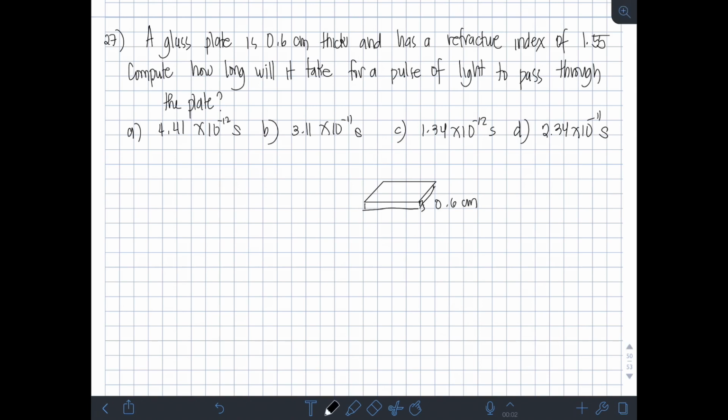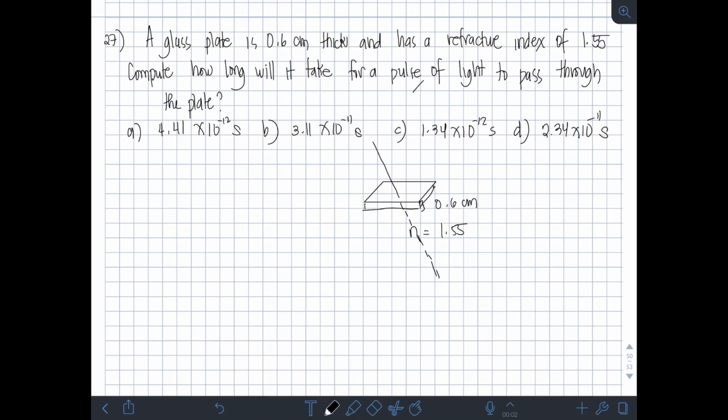Tapos daw, yung refractive index nitong glass is 1.55. So, yung refractive index, let's say, N. Tapos, meron daw pulse of light na magpapass through ito sa glass. So, magpapass through siya dito. How long will it take daw for this pulse of light to pass through the plate? So, hanapin daw natin yung time para makapass through yung light dito sa glass.